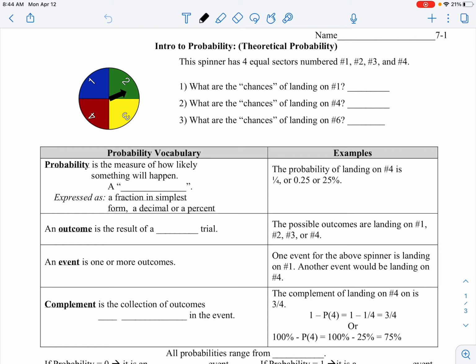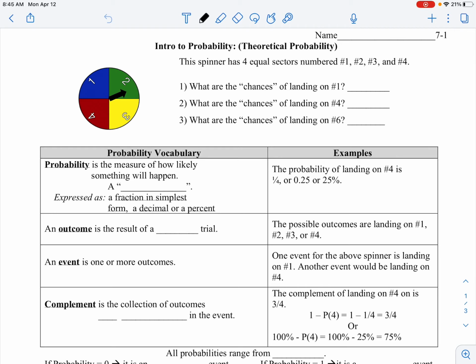So this spinner has 4 equal sectors, numbered 1, 2, 3, and 4. What are the chances that if we spin, we land on the number 1? Well, since they're all equal, there's going to be an equal chance for all 4 of those.